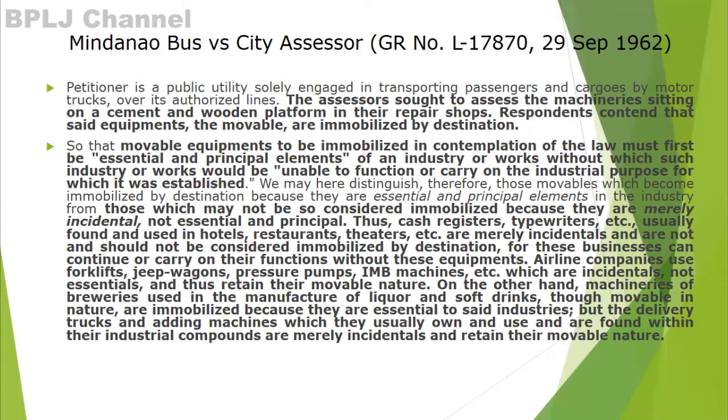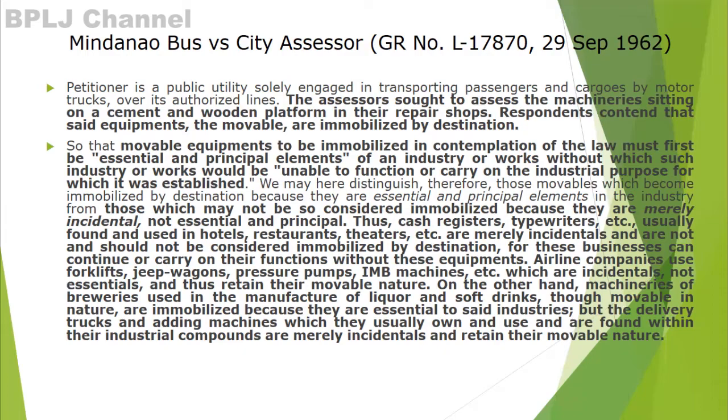Thus, cash registers, typewriters, usually found in hotels, restaurants, theaters are merely incidentals and should not be considered immobilized by destination, for these businesses can continue or carry on their functions without these equipments. Airline companies use forklifts, cheap wagons, pressure pumps, machines which are incidentals, not essentials, and thus retain their movable nature.